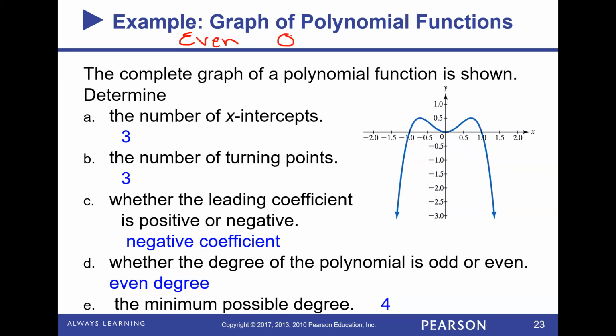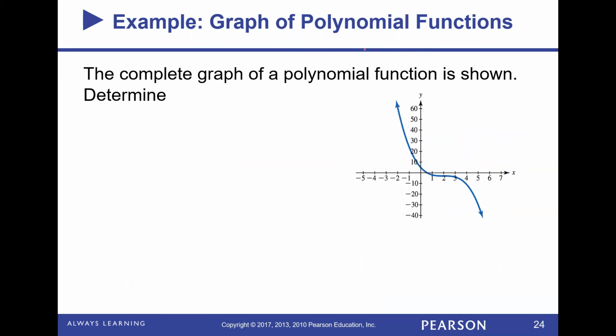So again, 0, 2, 4, 6, 8, 10. Now, the first thing I notice is that the number of x-intercepts is 3 and the number of turning points is 3. So that automatically rules this out and this out. It has to be 4, 6, 8, 10 or bigger. The key word here is that I'm asking for the minimum degree. Since you've already ruled out 0 and 2, the minimum degree is 4.